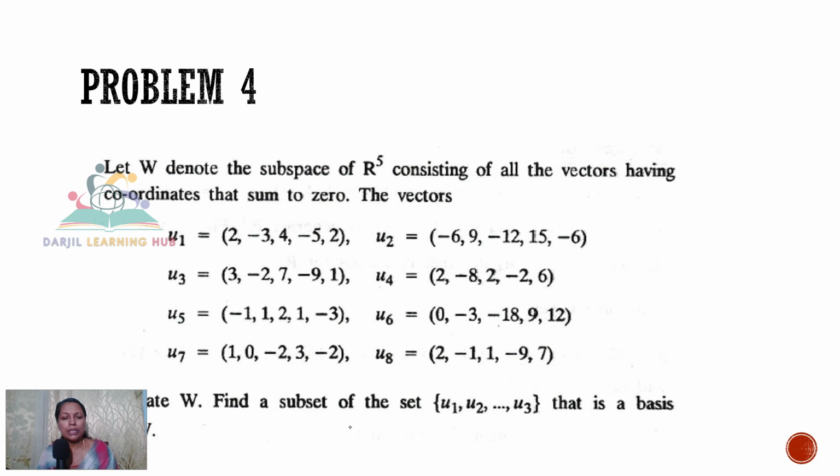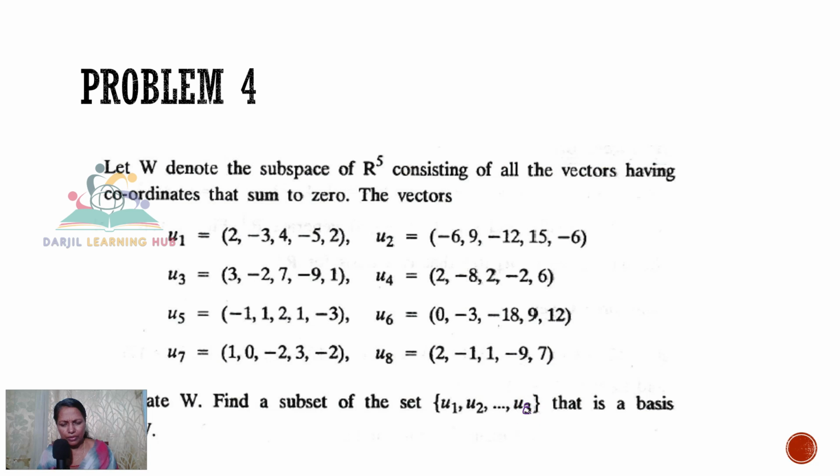Similarly, we can see the last model of the problem. Let W denote the subspace of R power 5 consisting of all the vectors having coordinates that sum to 0. The vectors were u1, u2, u3, u4, u5, u6, u7, u8. There are 8 vectors given.